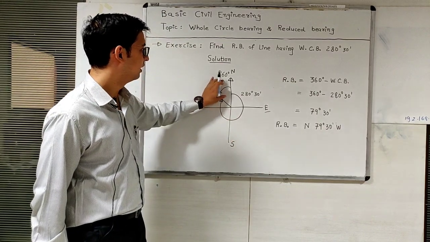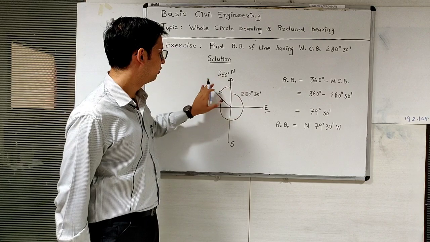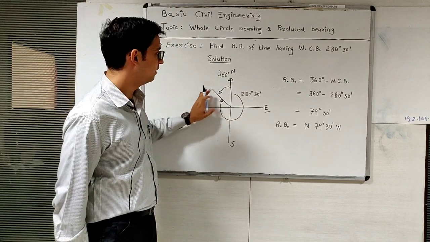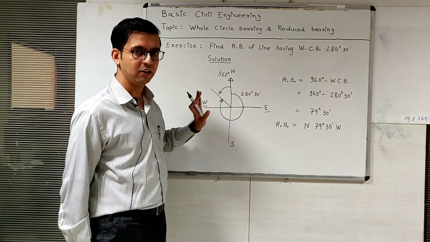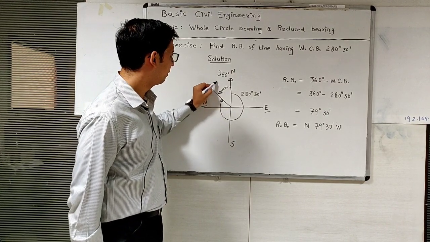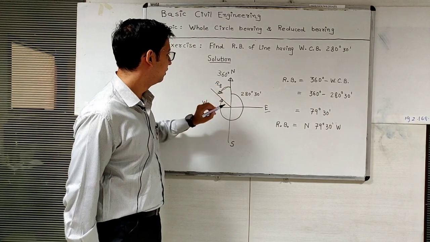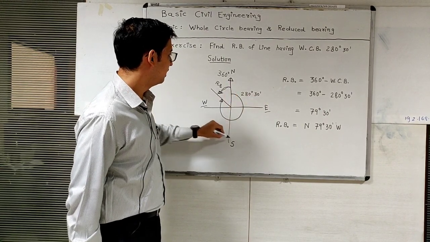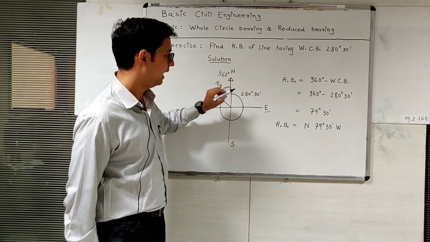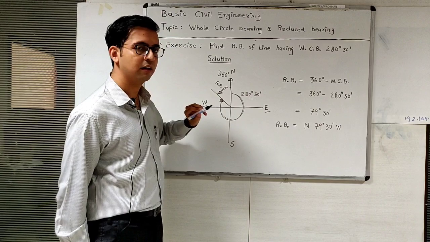Here we can see our line's reduced bearing is between north to west, so it will be measured in anti-clockwise direction. So this will be the RB of this line, and to calculate this value, the total value is 360 degree and this value is 280 degree 30 minute.